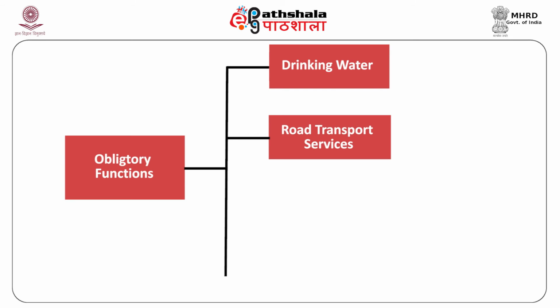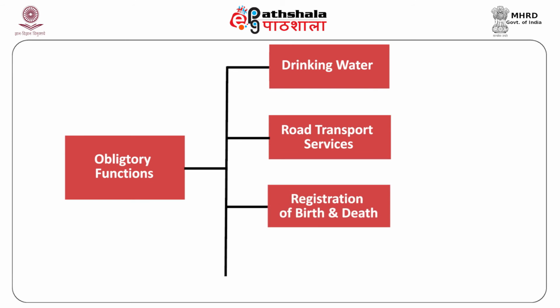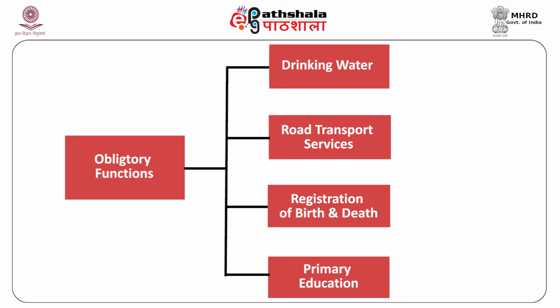The other obligatory functions of the municipal corporation include removal of dangerous buildings and places, registration of births and deaths, vaccination and inoculation. Primary education and its provision is also included as one of the obligatory functions of the municipal corporation.